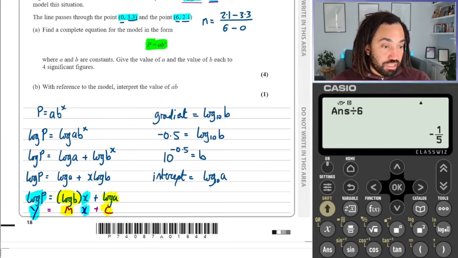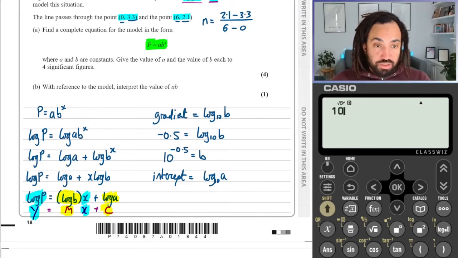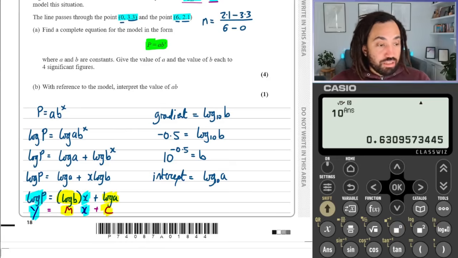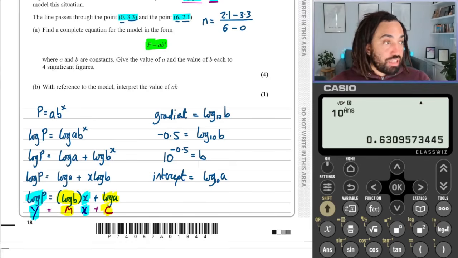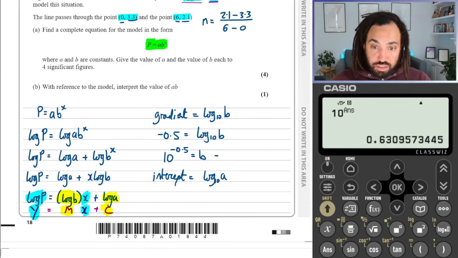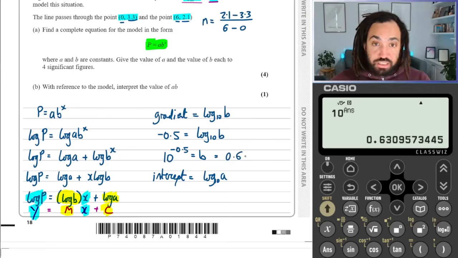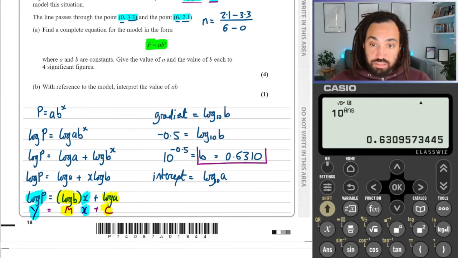We will go 10 to the power of the previous answer, and we get this, and that needs to be to 4 significant figures, so b is equal to 0.6309, but that rounds up, so it's actually 10. Okay, and that is our b value.